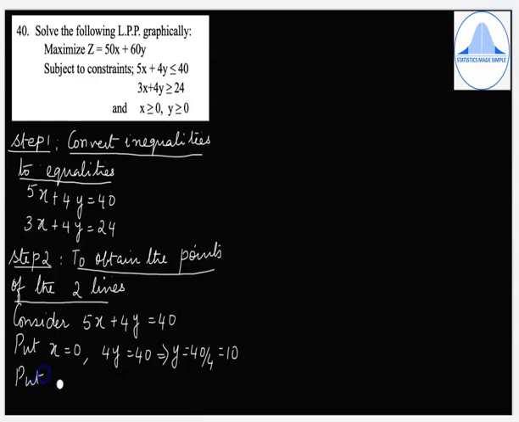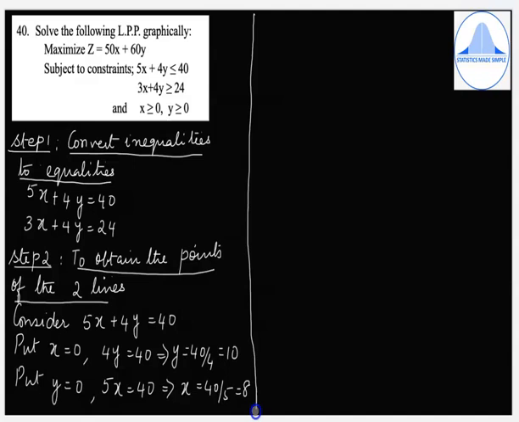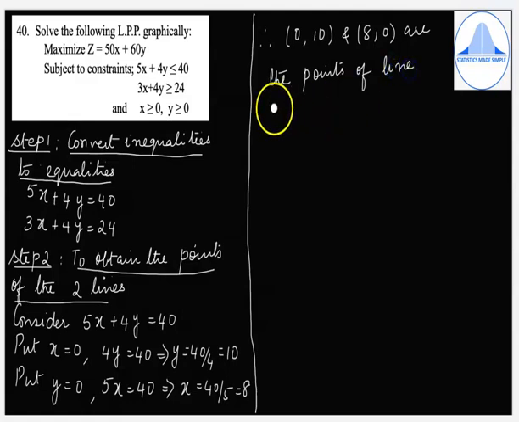And when you put y equal to 0, you get 5x is equal to 40, which implies x is equal to 40 divided by 5, which is equal to 8. So we write therefore 0, 10 and 8, 0 are the points of the line 5x plus 4y is equal to 40.